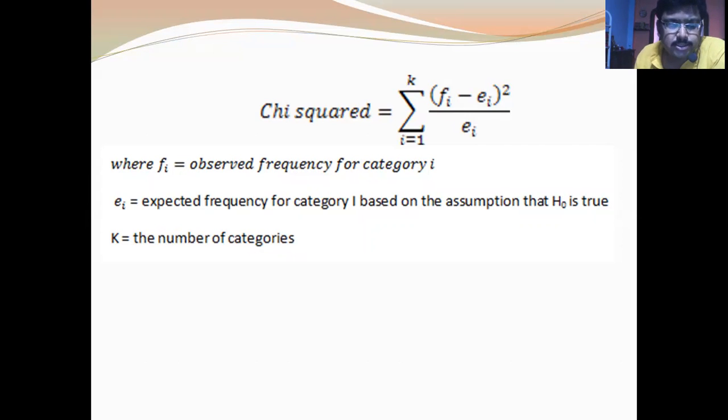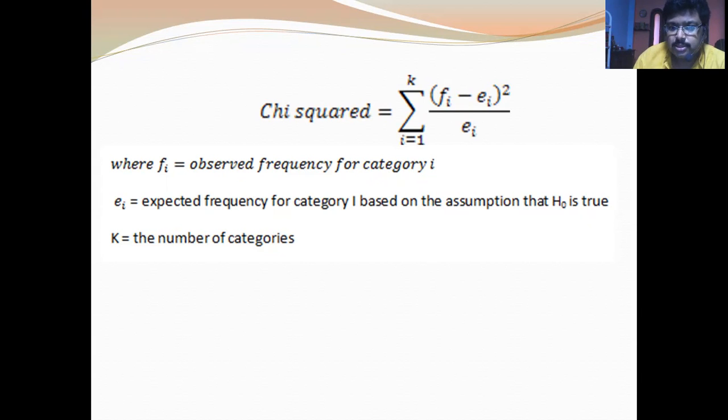So 100, 60 and 40 is the estimated frequency. Here Ei represents those frequencies.